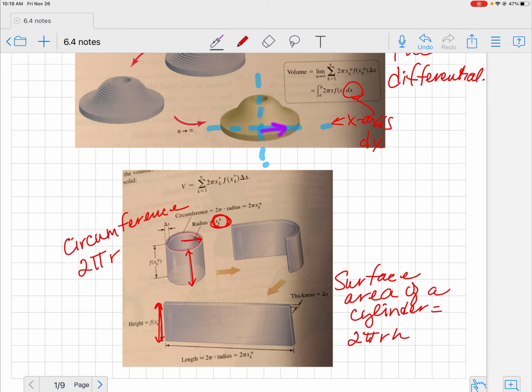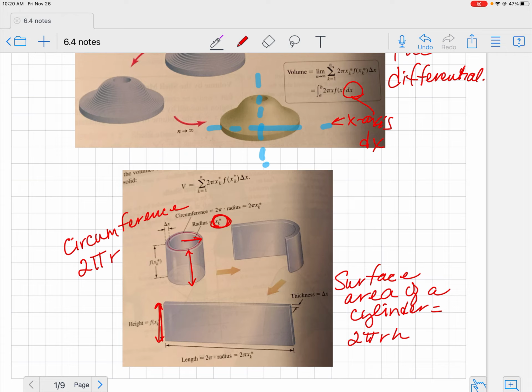My x value that I'm looking at here, whenever I'm talking about my radius for this cylinder, is going to be how far out before I get up to my height. So my radius is the x coordinate and the x value. My height is going to be my actual function.